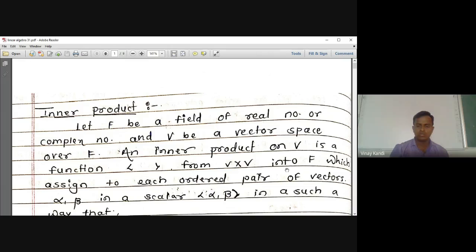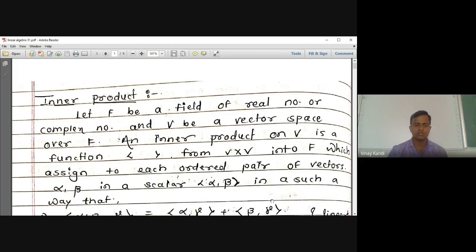The output comes from the field F, which assigns to each ordered pair of vectors alpha, beta in V a scalar, the inner product of alpha and beta, a value from the field F, in such a way that the first condition holds. What is the first condition?